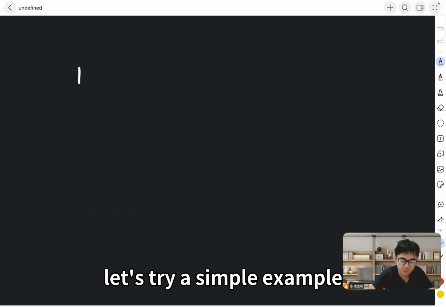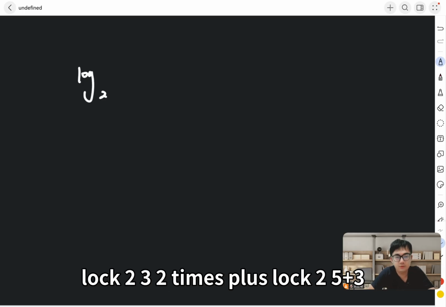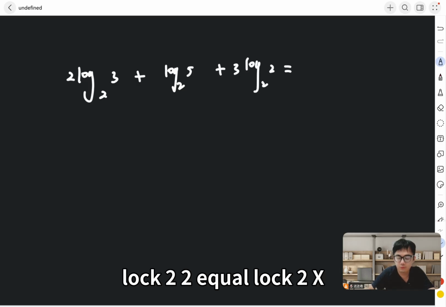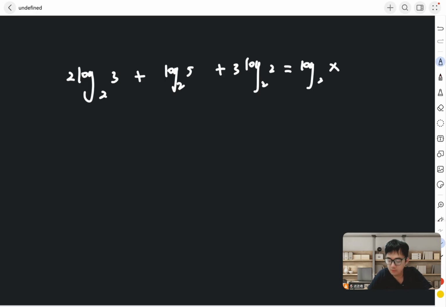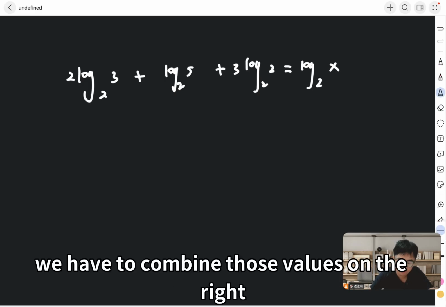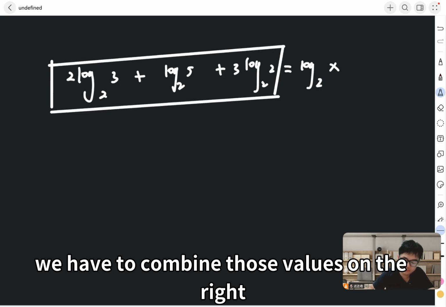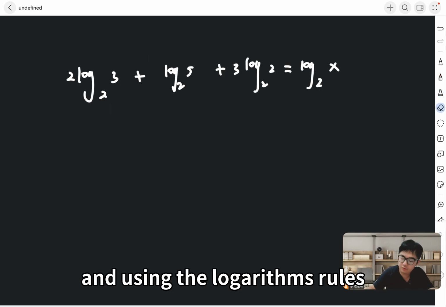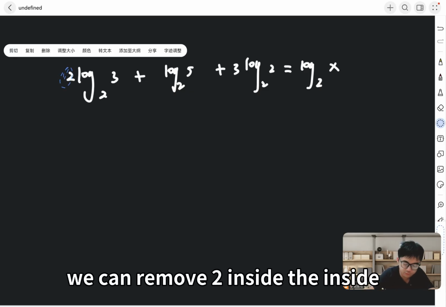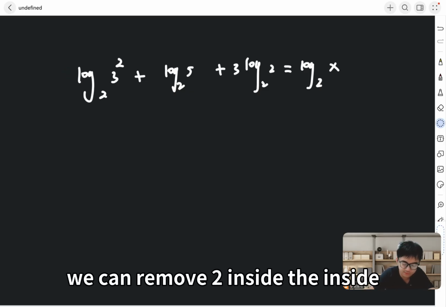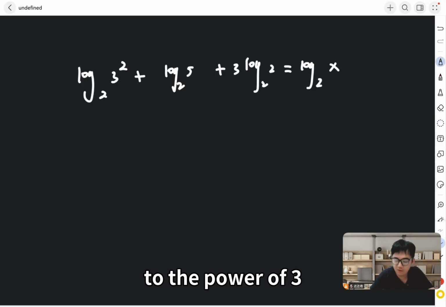Let's try a simple example. Log base 2 of 9, plus log base 2 of 5, plus 3 log base 2 of 2, equals log base 2 of x. So how to get the value of x? We have to combine those values on the left side together. Using the logarithm rules, we can move the 3 inside to the power of 3.